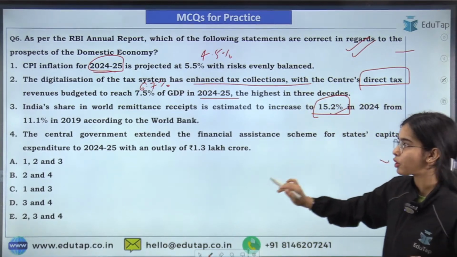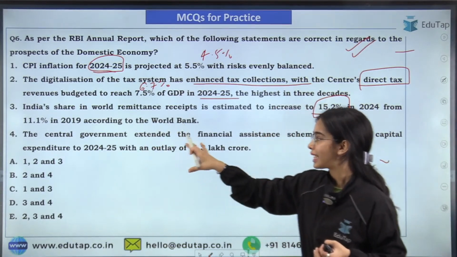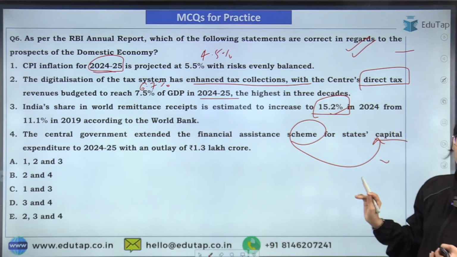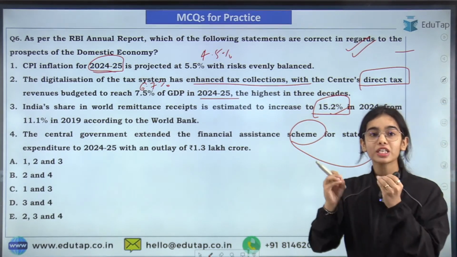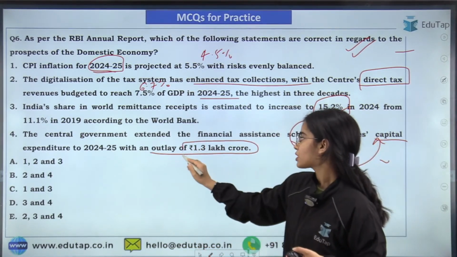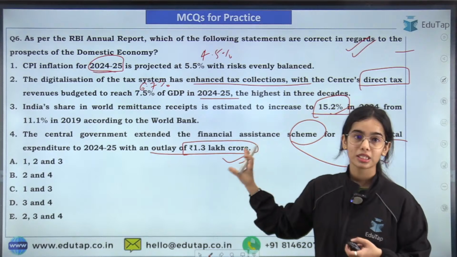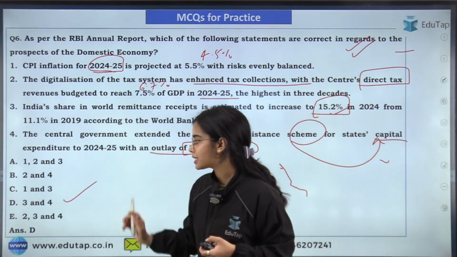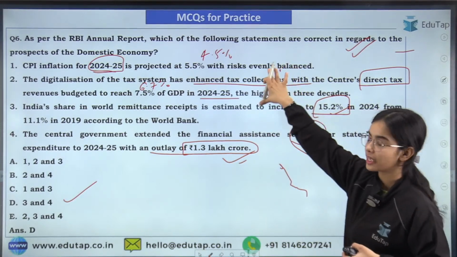So this is also important. The centre government extended the financial assistance scheme for the state's capital expenditure. So capital expenditure should always be the focus point, with an outlay of rupees 1.3 lakh crore. So this is also correct. So the third and fourth statements are correct, and that's why D is the right answer. The first and second statements are incorrect.